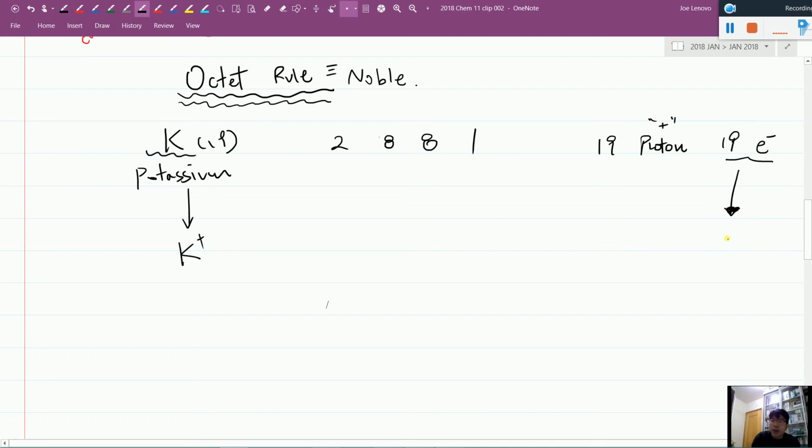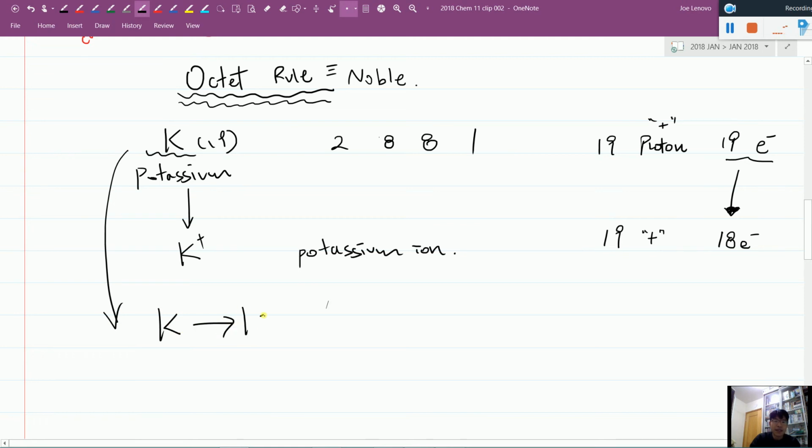When you take away one electron from the potassium atom, it becomes 19 positive and 18 negative. With simple maths, 19 positive and 18 negative, you will have an overall charge of one positive. And K positive is what we call the potassium ion. And you never find the other one.